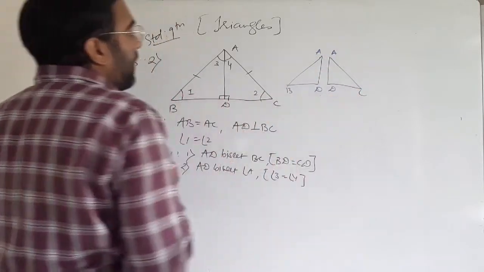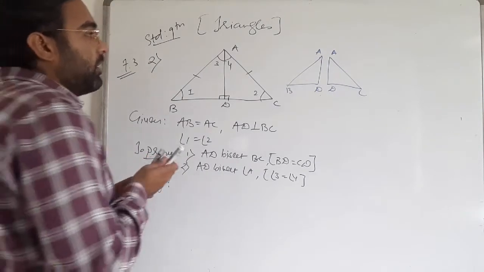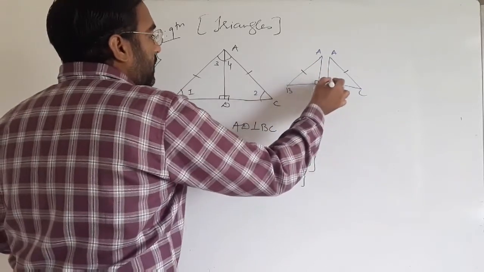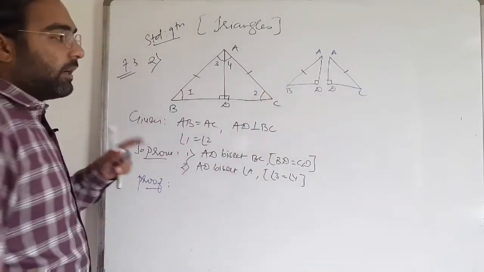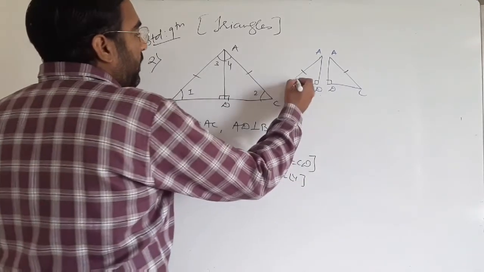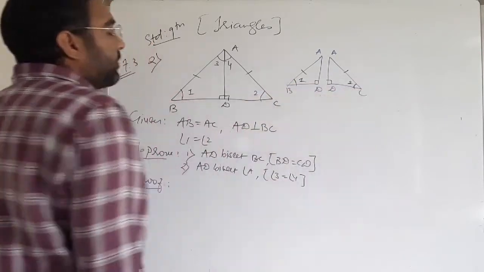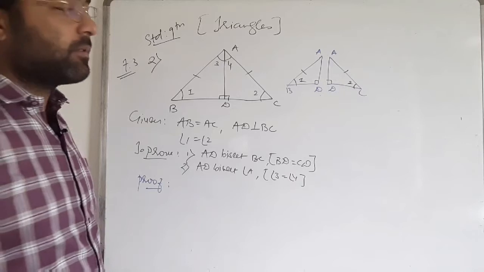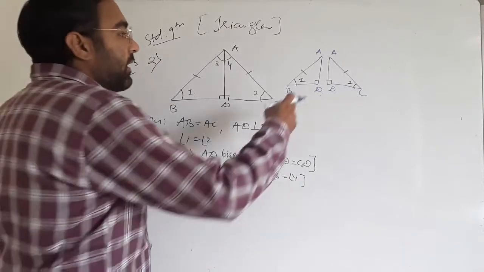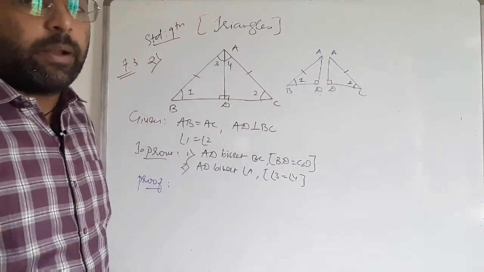In them it's given that AC is equal to AB. Angle ADB and angle ADC are both 90 degrees, given. Also angle 1 is equal to angle 2, given, since angles opposite equal sides of an isosceles triangle are equal. So here the angle-side congruency rule is applied.